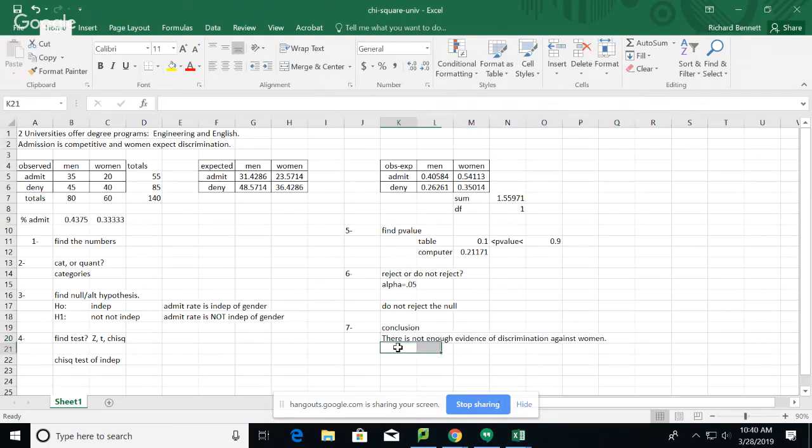A better conclusion would be that there is not enough evidence that admission rate is not independent of gender. Okay?